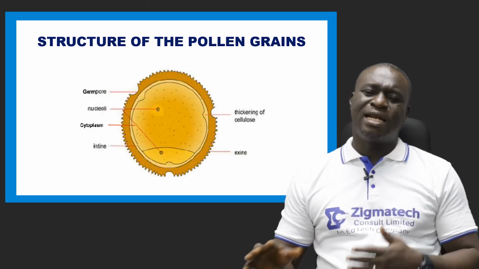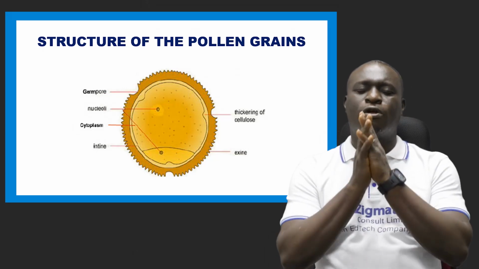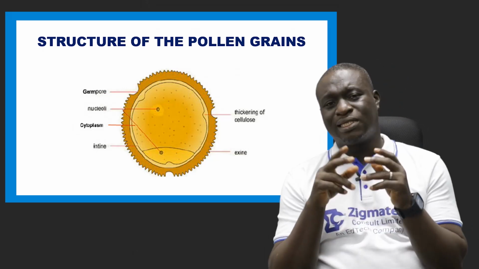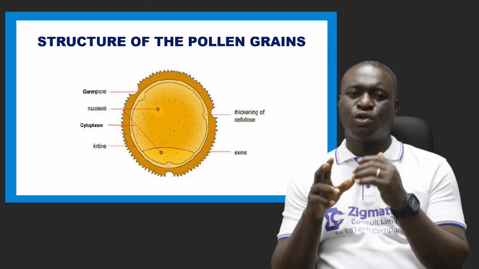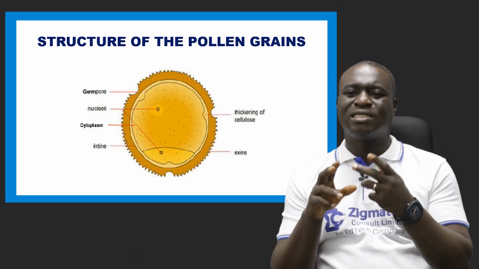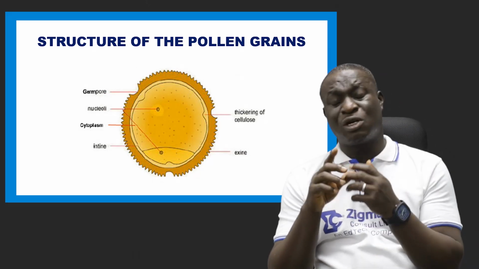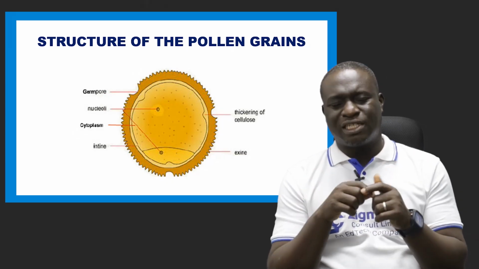All right, now the next thing I want us to look at is the structure of the pollen grains. Remember, I said the reason for studying the structure of the pollen grains is so that you can be able to identify most of the things that make up the pollen grains, because they play a major role in the process of fertilization.